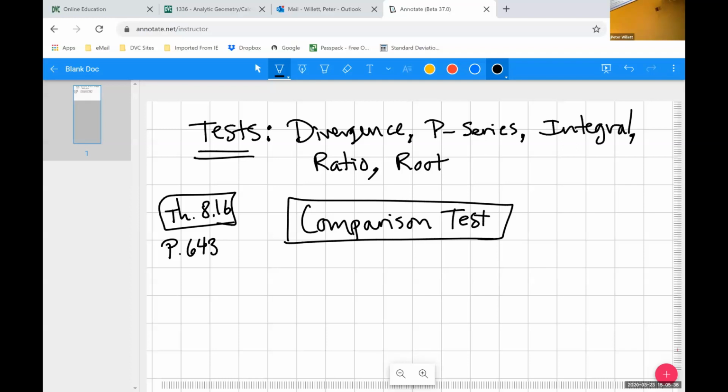So the basic idea is, if I have a new series and it looks like a series that I know diverges, goes off to infinity, but it's not quite exactly the same, then how can I compare them? Well, if the terms of my new series are each larger than the terms of a known divergent series, then the more terms have to also go to infinity and would have to also diverge.